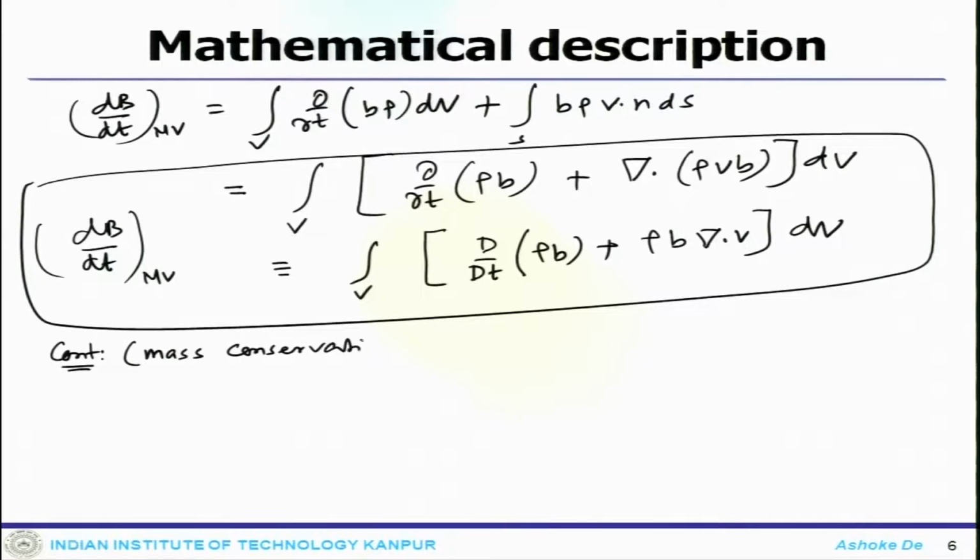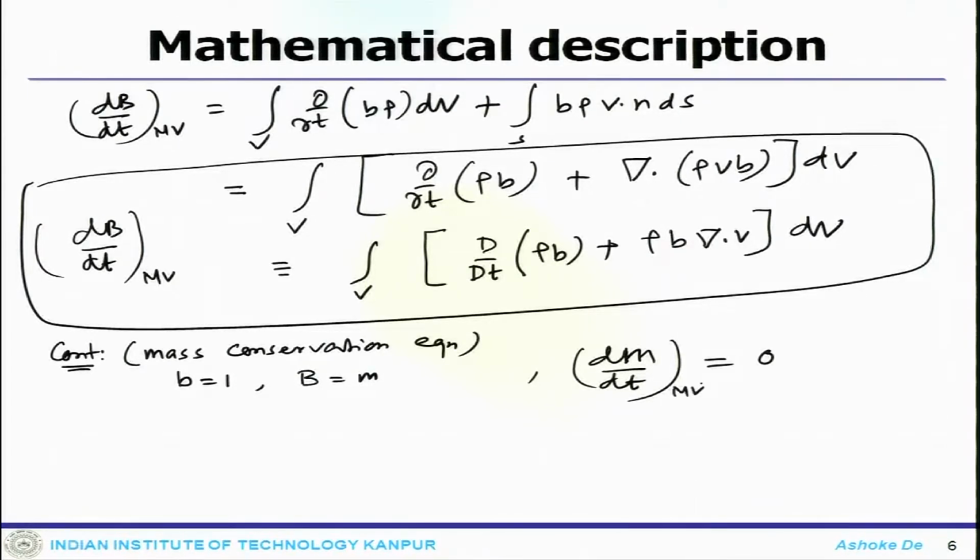For mass conservation, we have this specific property b as 1 and capital B would be m. I write this equation for a system: dm by dt must be 0.